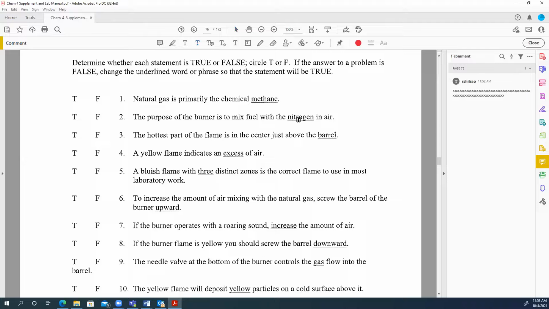It's not, the purpose is not for nitrogen.